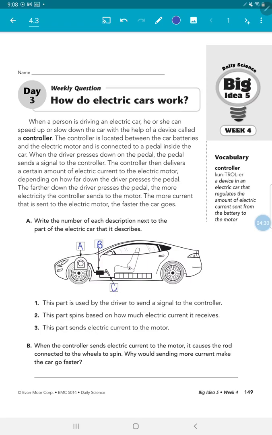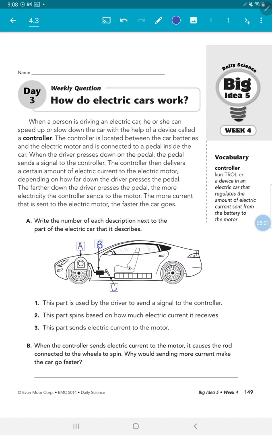So which part do you think is the actual controller? What are you thinking, Olivia? A. Because, B. B. Okay. What do you think A does? A is like the motor or engine. Yeah, that's where the actual motor or engine is, where it's spinning based on the amount of current the controller sends out.